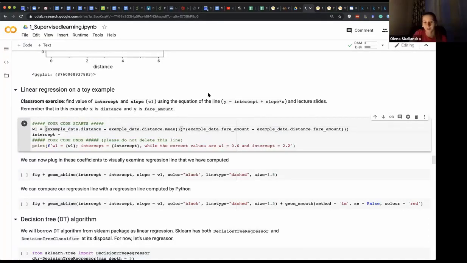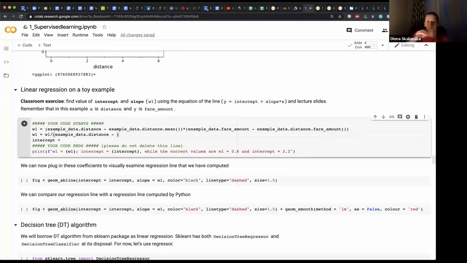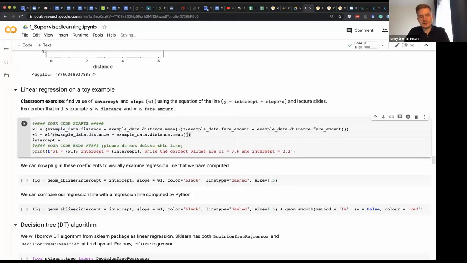Okay, divided by. We can use W1 and then W1 divided by... So what should be there? Example data distance minus... it means... Okay, and power 2.